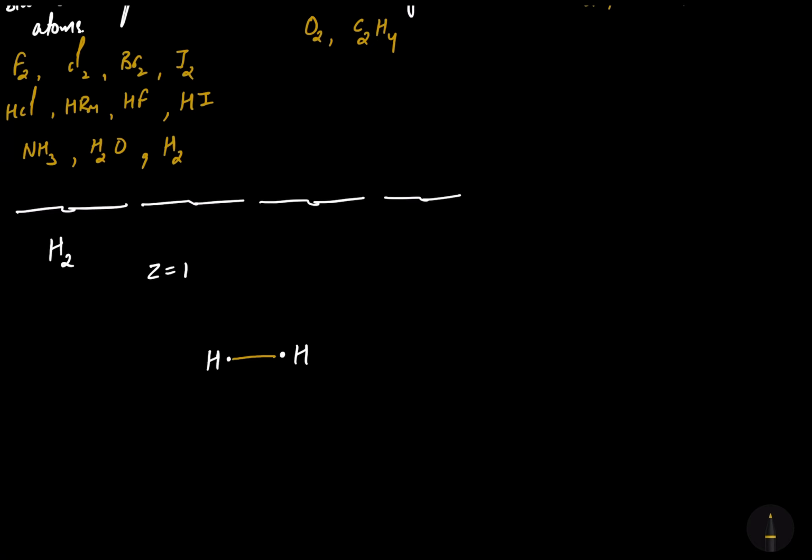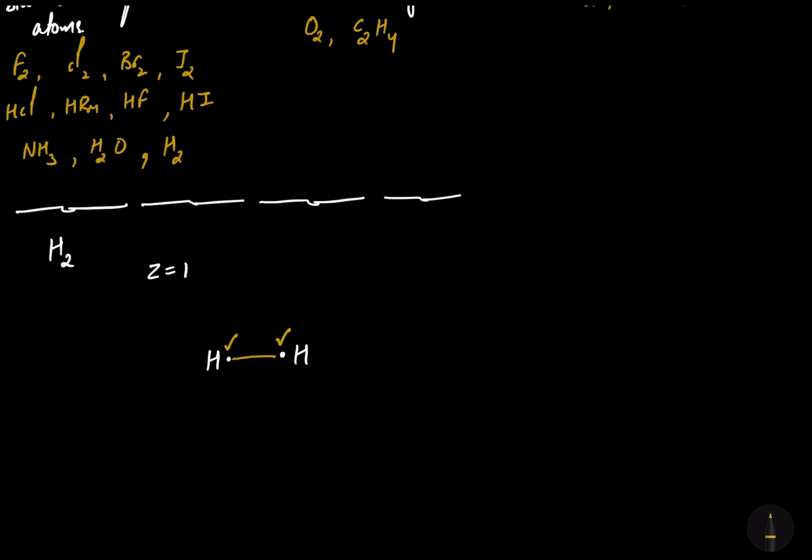Now let's count the electrons for the first hydrogen. That's number 1 and that's number 2. The first hydrogen has attained the stable noble gas configuration by having 2 electrons in its outermost shell. Now the electrons of the second hydrogen: that's the first electron and that's the second electron.